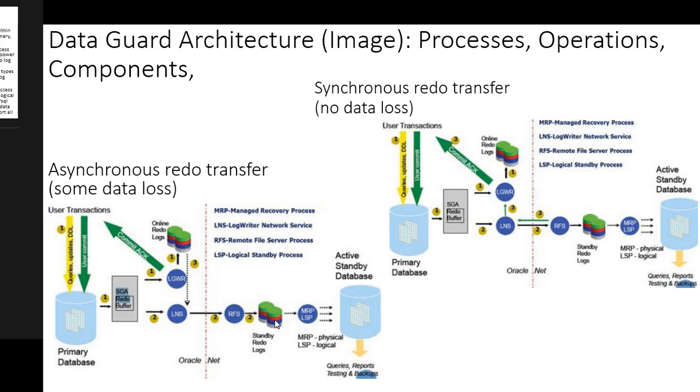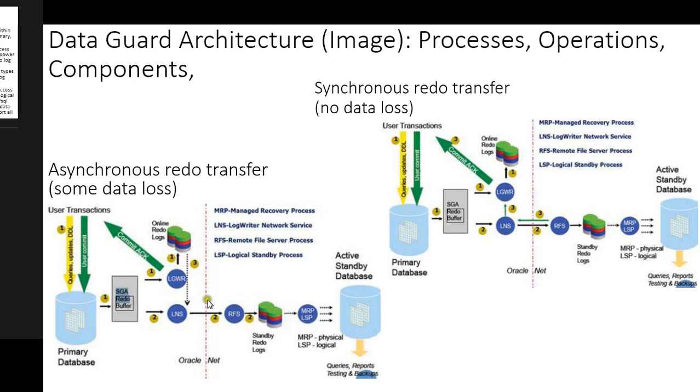The primary database doesn't have to receive confirmation that the redo data that was transferred to the standby database was successfully applied. And that's the main difference between an asynchronous redo transfer and a synchronous redo transfer.